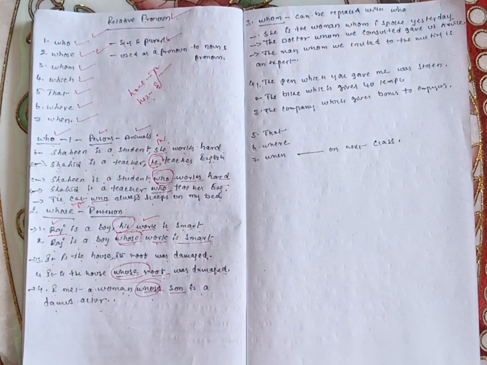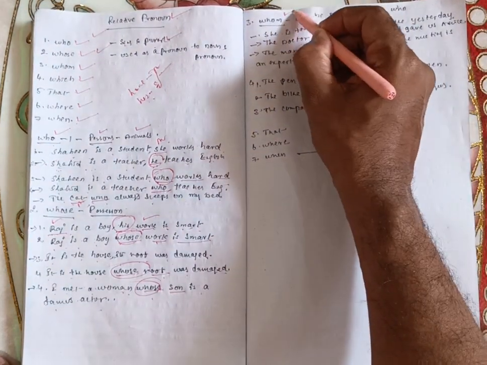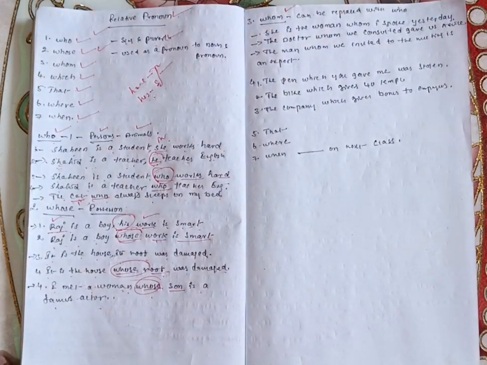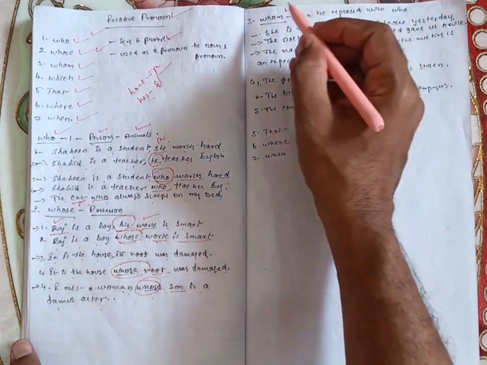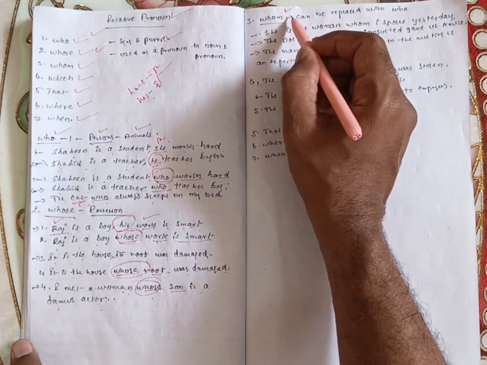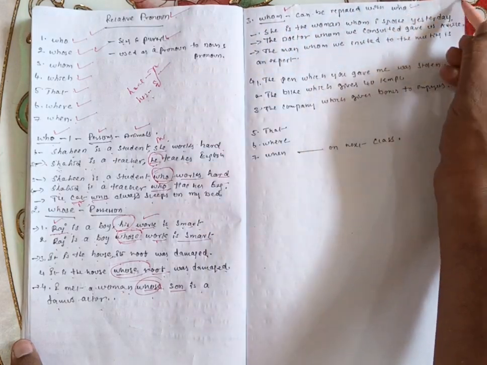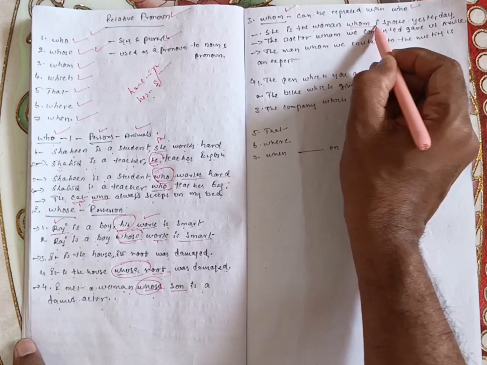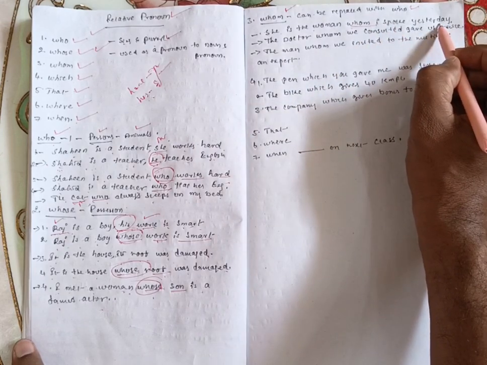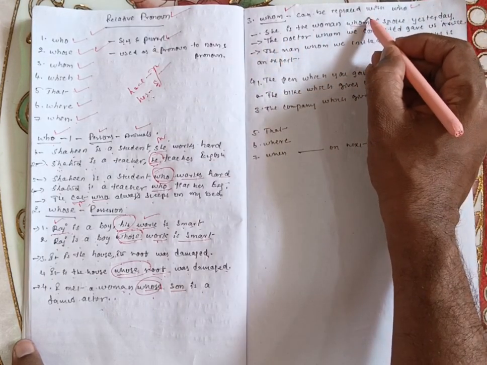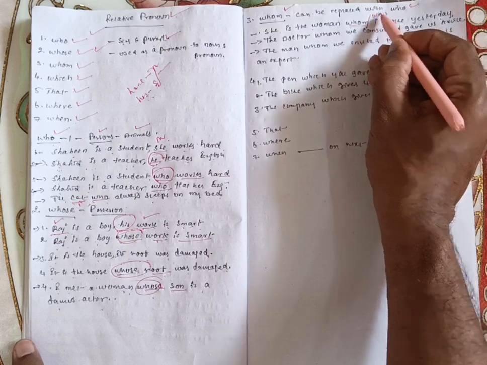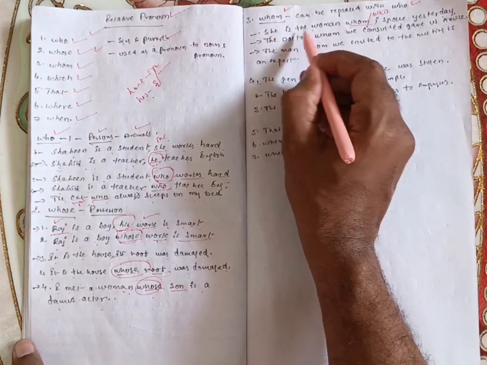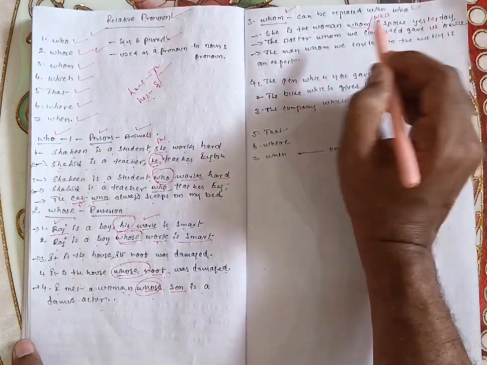Next we move to whom. Whom can be replaced with who, so instead of whom we can use who also. Like: she is the woman whom I spoke to yesterday. Or we can use who: she is the woman who I spoke to yesterday.